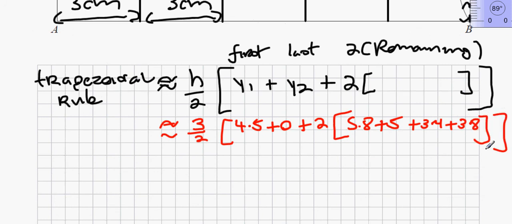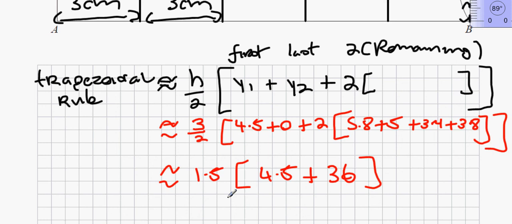Now all you gotta do is put this into the calculator. You're going to get 1.5 times 4.5, plus 2 times the sum 5.8 plus 5 plus 3.4 plus 3.8, which is 2 times 18, which is 36.